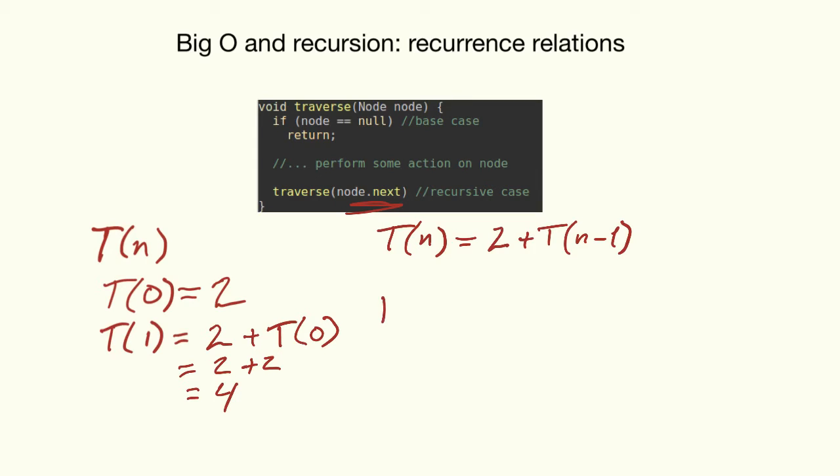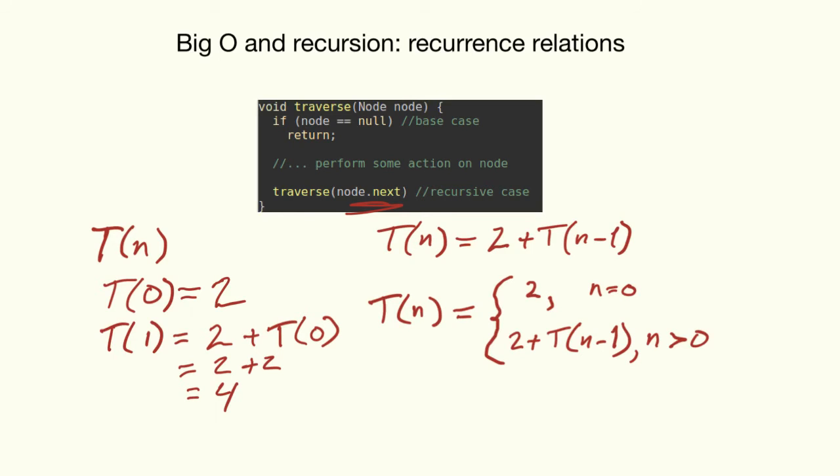We'll normally write this using this notation: T of n is equal to, and then a big curly bracket, 2 when n is equal to 0, and 2 plus T of n minus 1 when n is greater than 0. I presume you've seen this notation before in other elements of mathematics.